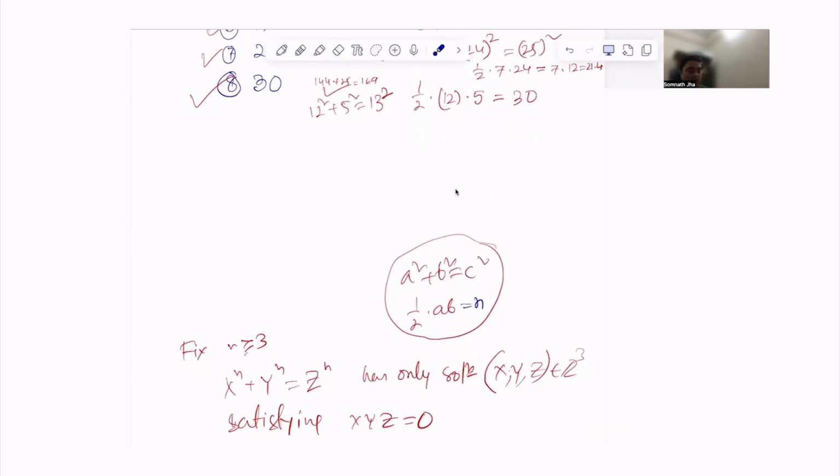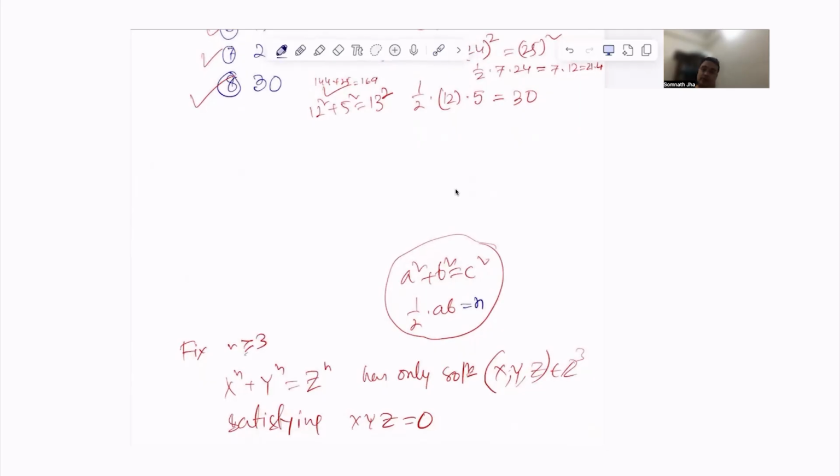So if you find all such a, b, c, you find all half of ab, and that is the answer to all congruent numbers. I am going to discuss a bit more about it, but that's why the Pythagorean triplet is important here.